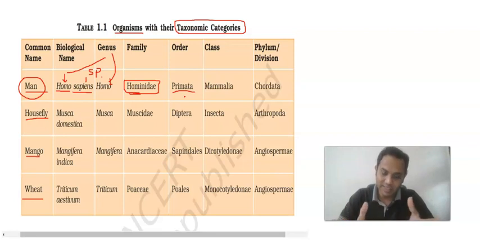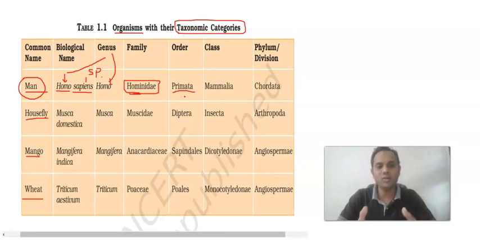The concept to understand here is that if a certain group of organisms, for example gorilla and human being, share some characters in common, for example both have grasping hands, therefore they are placed in the order Primata.